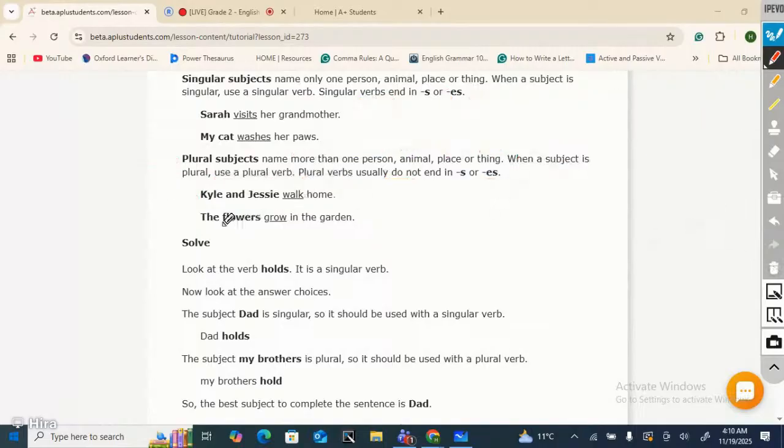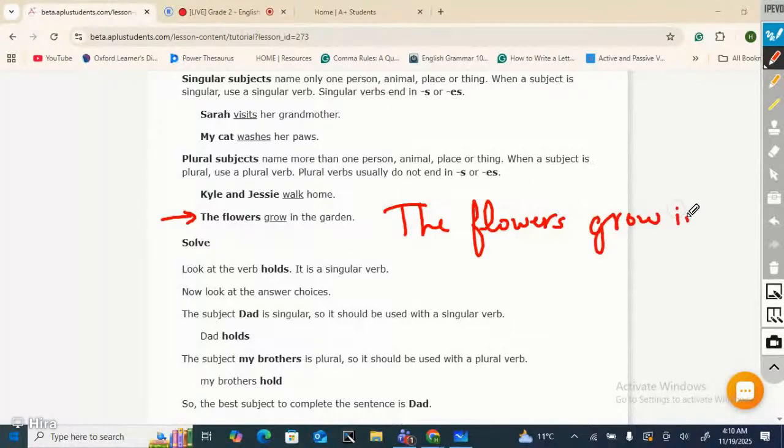The flowers grow in the garden. What grows in the garden? The flowers. What is the subject? The flowers. It's more than one.